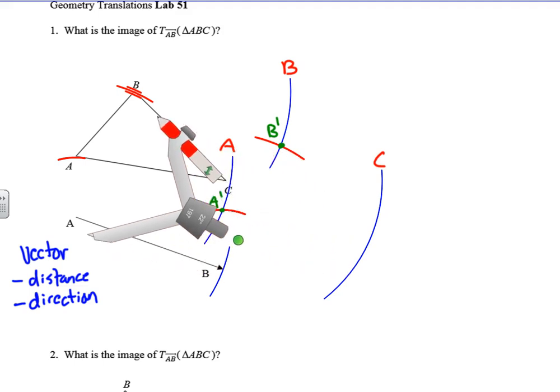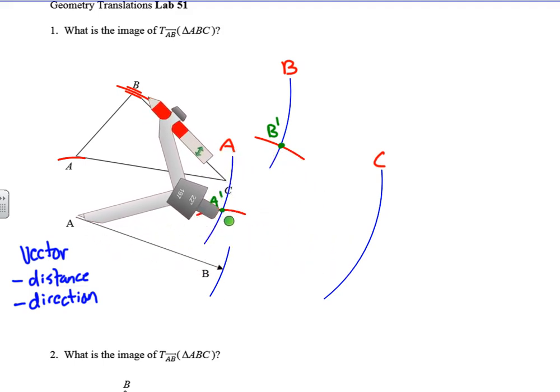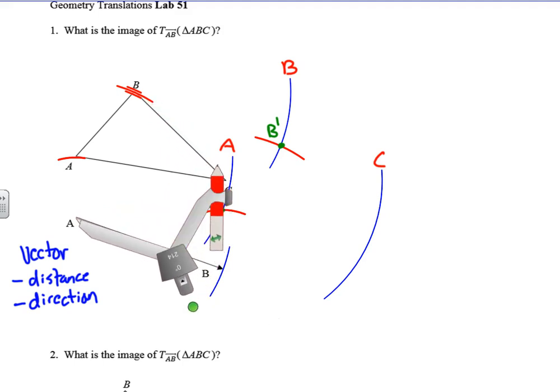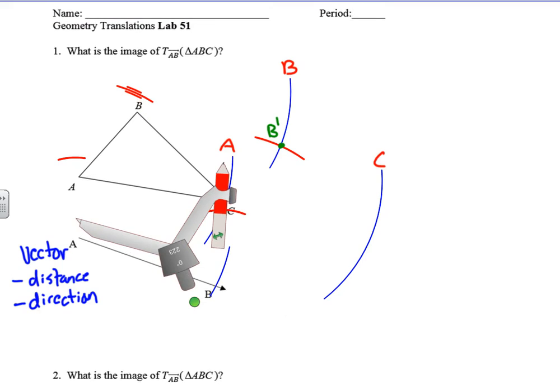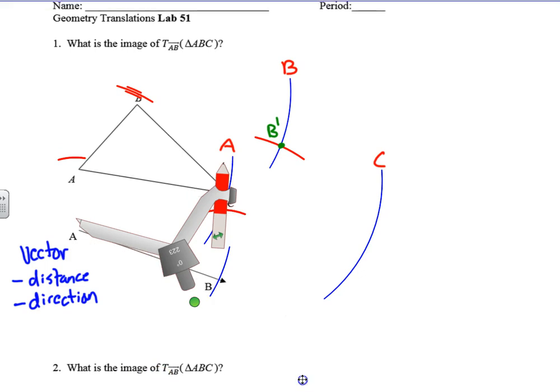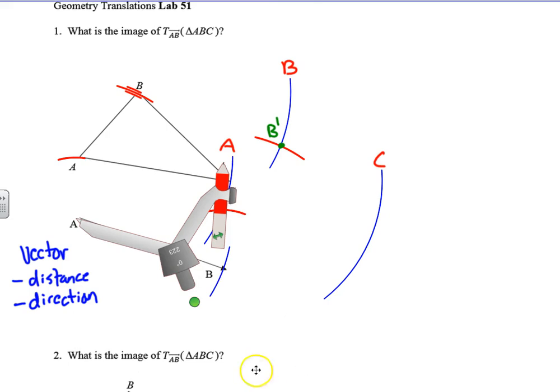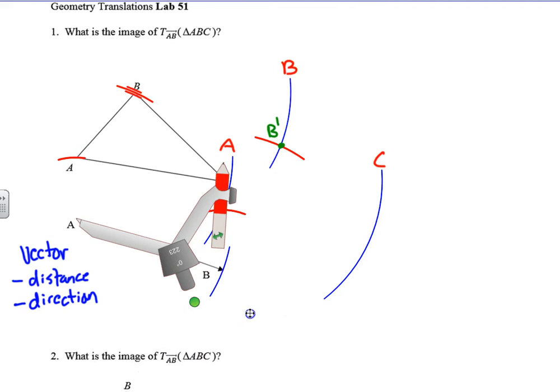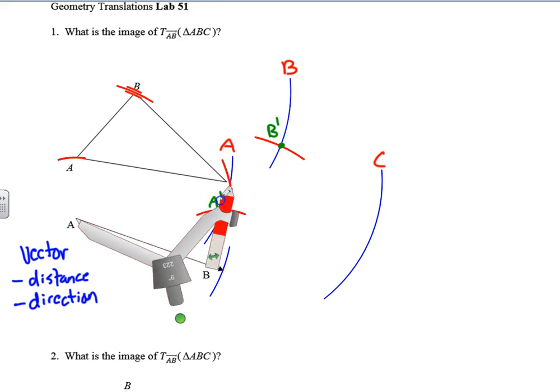And then we're going to do the same thing down here with C. I come all the way back to the beginning, and I will bring my compass point down here, and that's not what I wanted to do. Hang on, I got to move this back a little bit. All right. Sorry. Can't see where my marking is. Okay, so we're going to come, that distance now is, let's see, is that C?